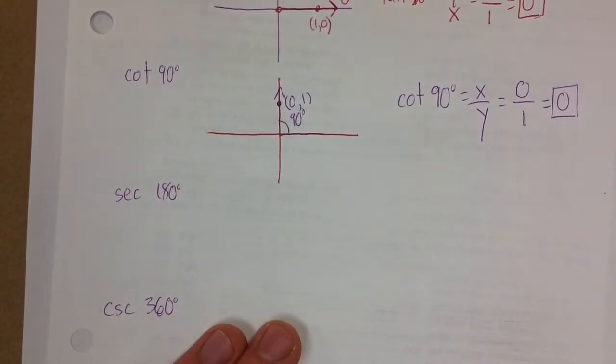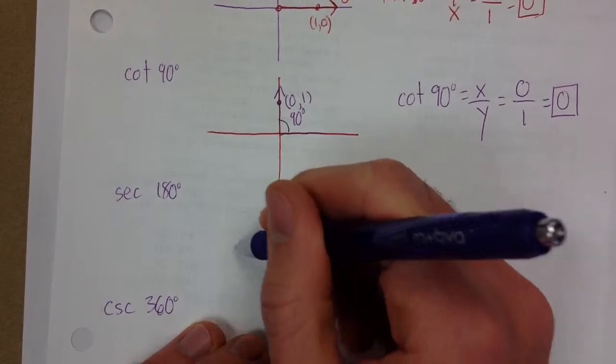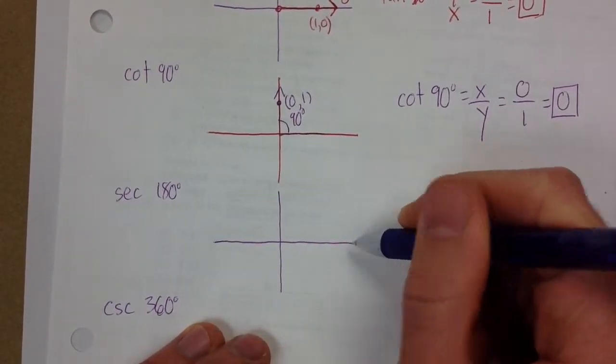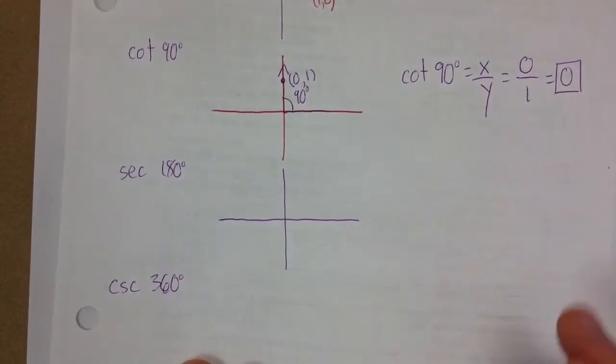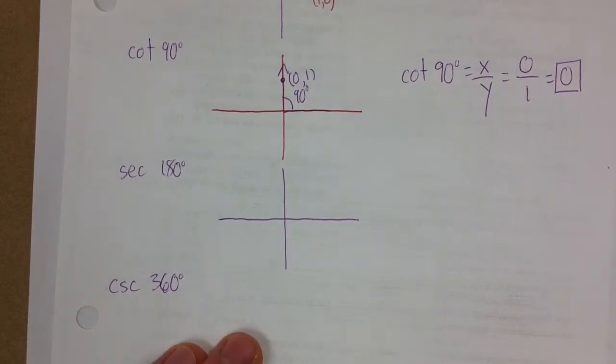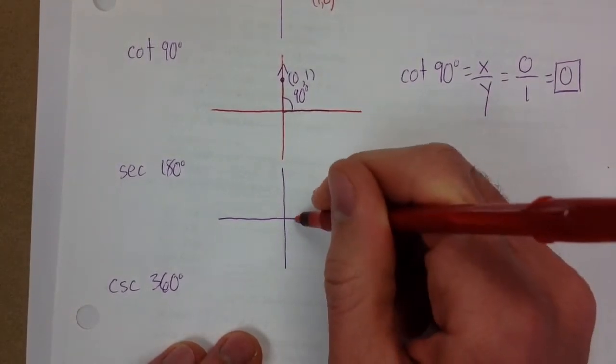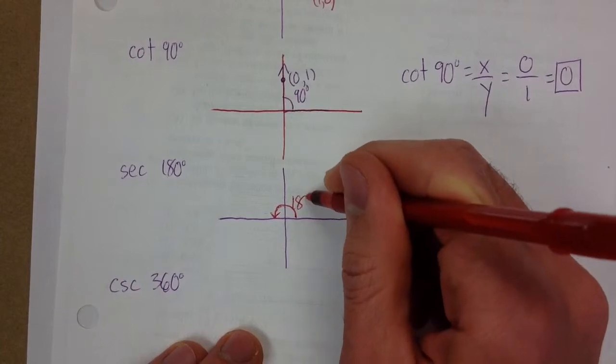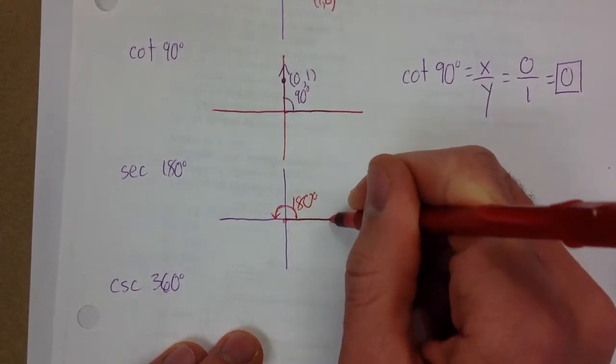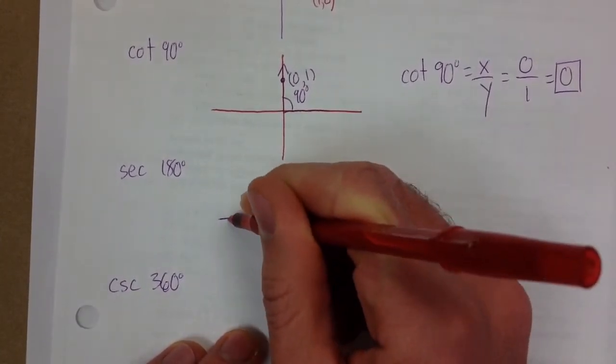Nice. Alexandra, guide me through finding secant of 180 degrees, please. So the secant, draw a line straight across. Yep. It's a straight angle. And secant is r over x. Very good.